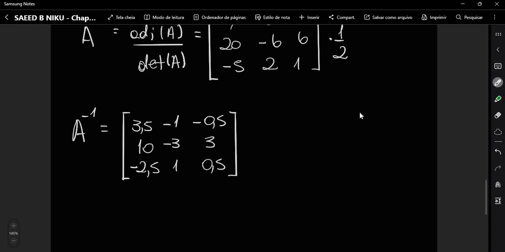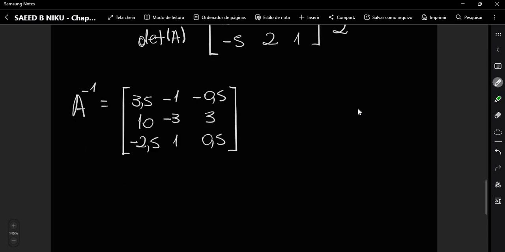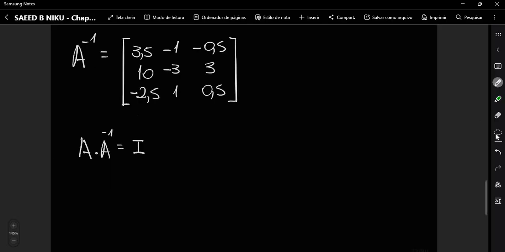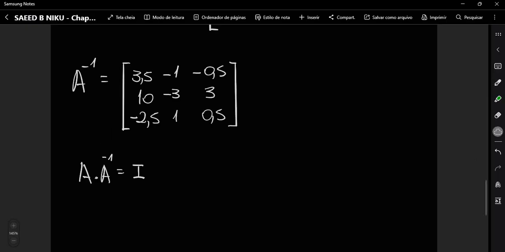And we can do a proof. If we multiply this inverse by its original, we must obtain the identity. So let's do this proof.